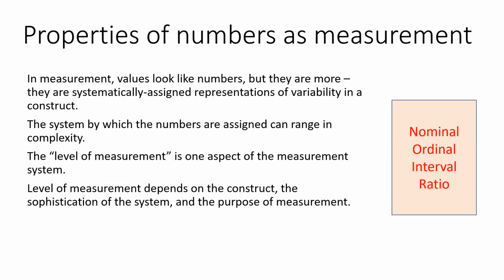The numbers don't know that they're measurements, but it's really important that you know, because if some of those 2s are on the British system and some of those 2s are on the American system, then your 2s don't all mean the same thing. So it's very important that you know what kinds of measures you are dealing with and what is permissible and not permissible given what level of measurement you're dealing with.